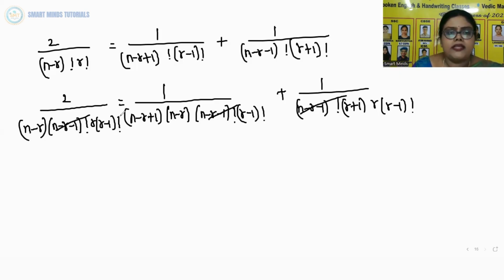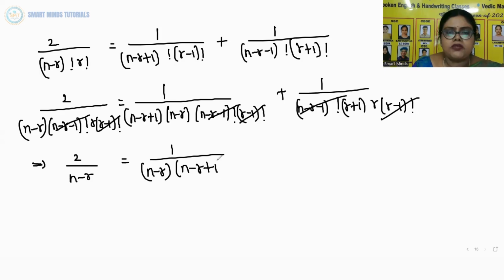Then we can cancel (r minus 1) factorial. So what are we left with? 2 by (n minus r) is equal to 1 by (n minus r) into (n minus r plus 1) plus 1 by r into (r plus 1).